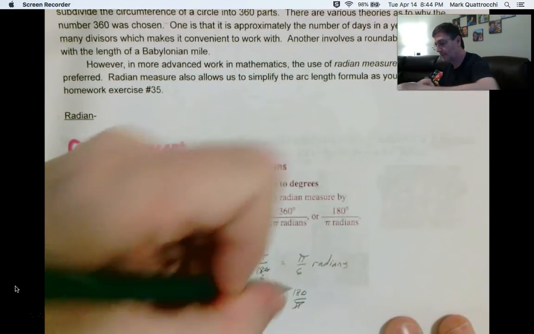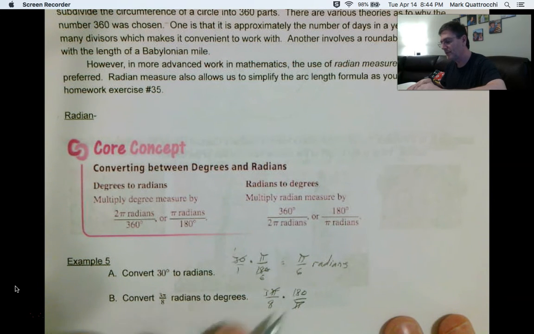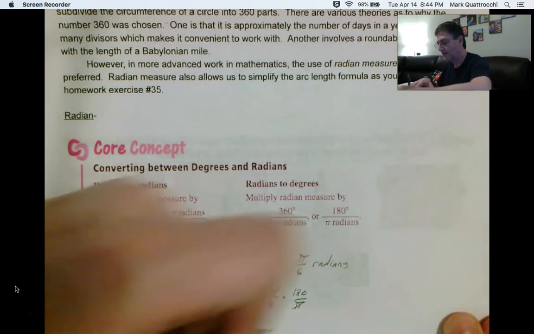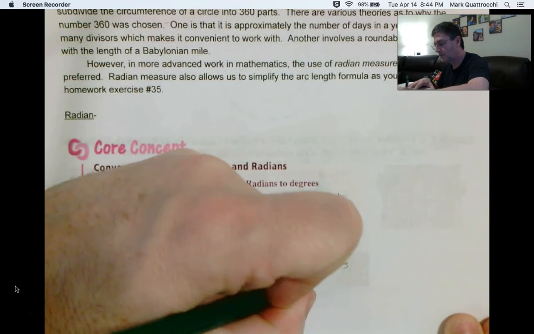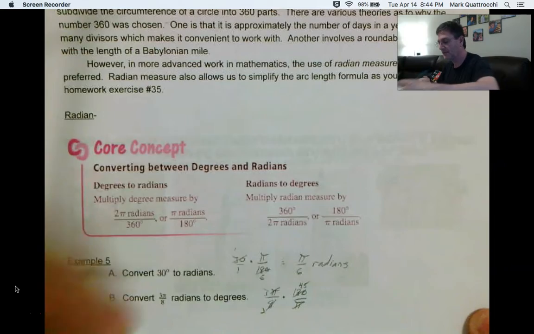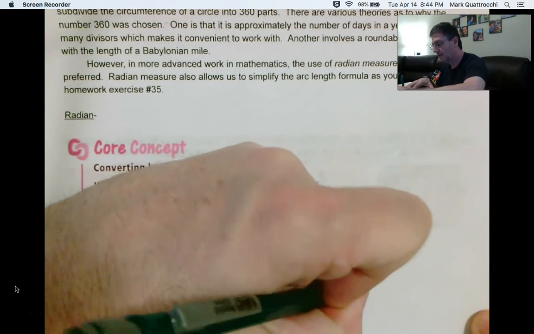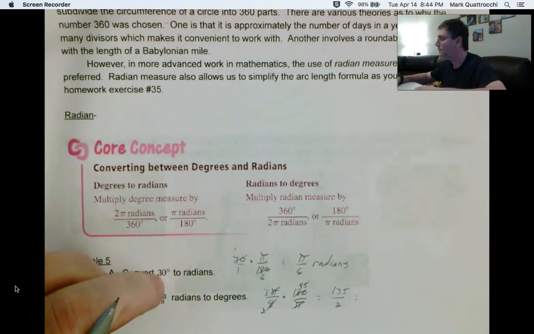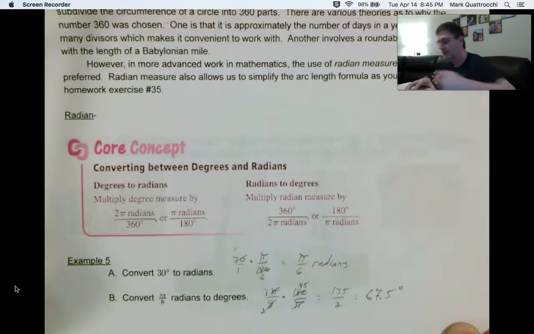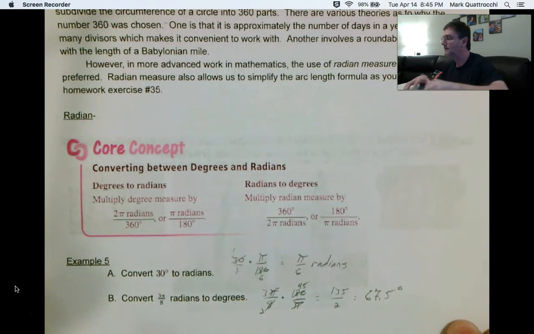Pi's cancel. 8 and 180 reduce by 4. 180 doesn't divide by 8, but it does divide by 4, and that gives me 45, and 8 becomes 2. 45 times 3 is 135, so we get 135 over 2, which is equal to 67.5 degrees. We went from radians back to degrees.